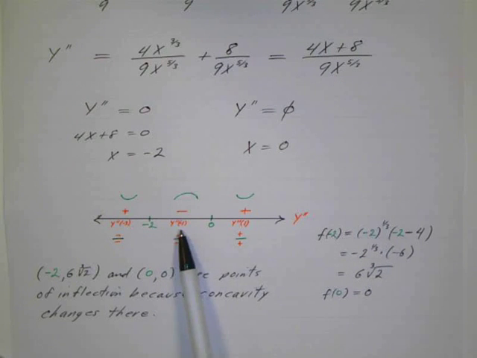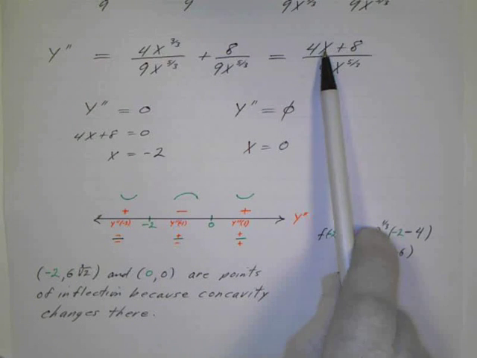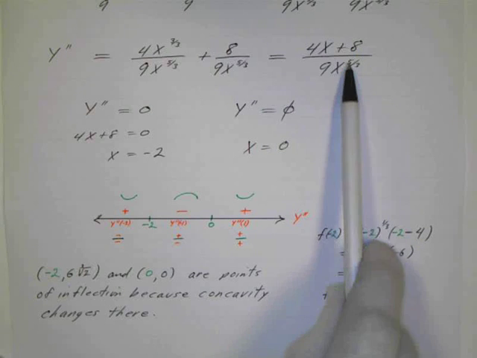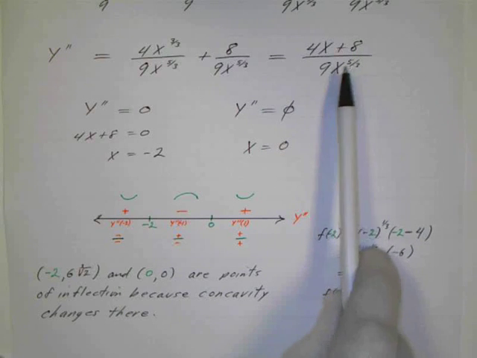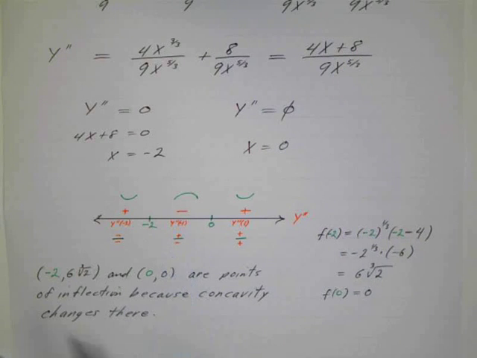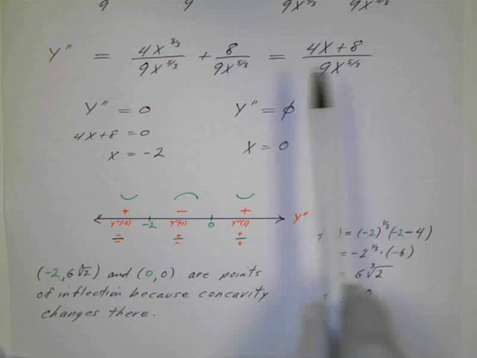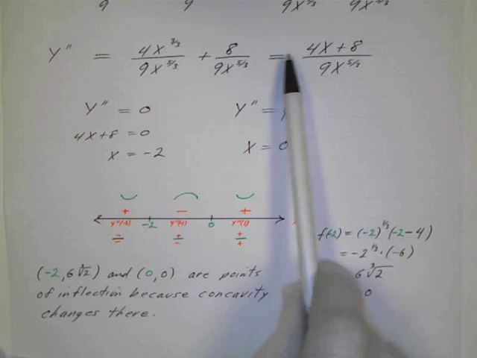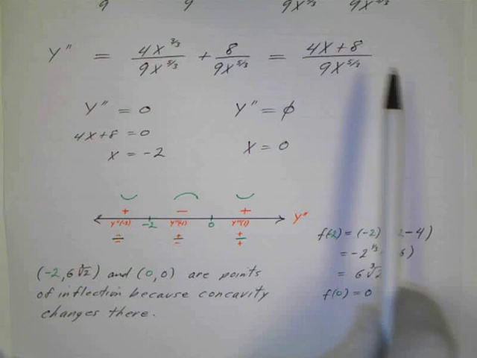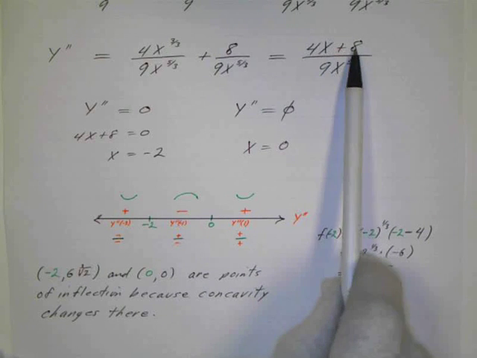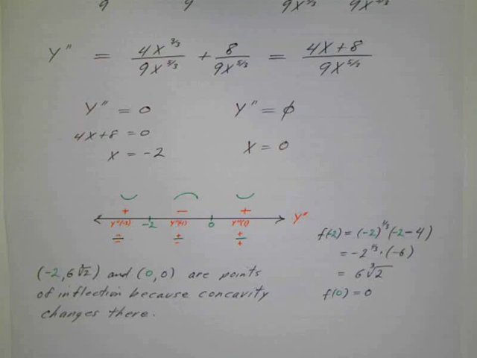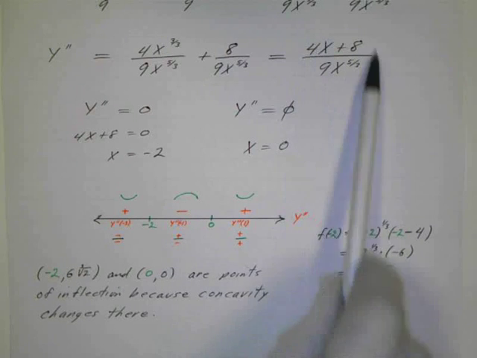Then I tried -1, and -1 is going to be a negative in the bottom. Of course, anything negative to the 5/3 would be negative. I don't have to worry about the value. It's going to be -9, but that's not the issue. And in the top, I just have a -1, which is going to be positive because that's going to be -4 plus 8, which is positive. So I've got a positive over a negative, and that makes this whole fraction negative.